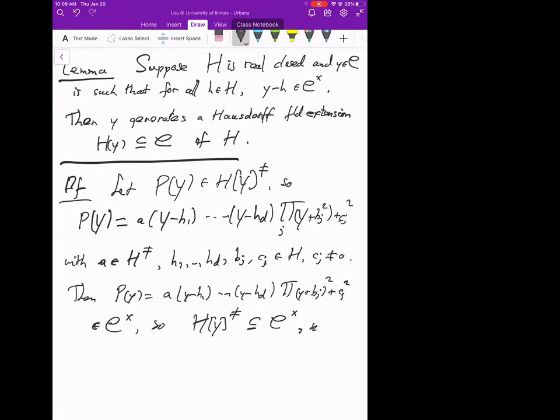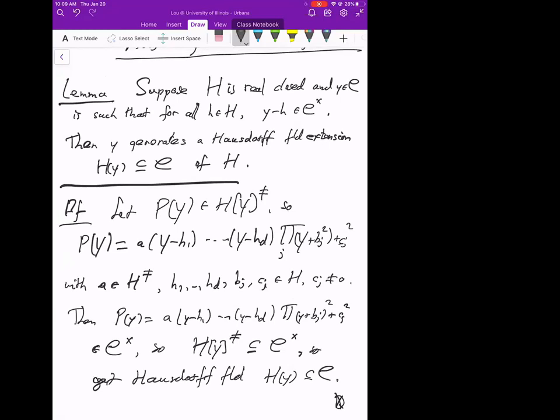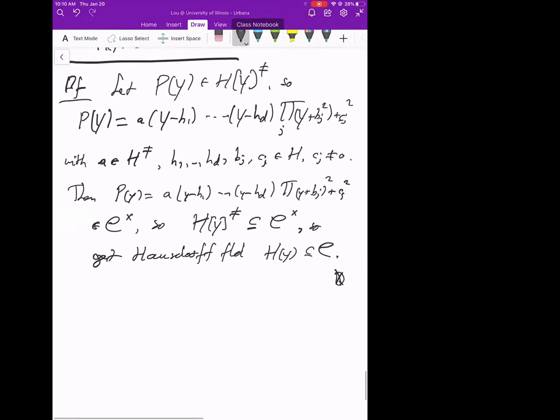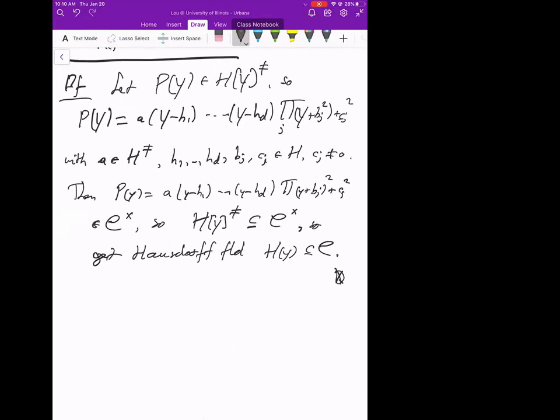So we get Hausdorff fields. Okay, and I want to use this now to prove something that is usually done only in the context of Hardy fields, but one can already do it in this setting.